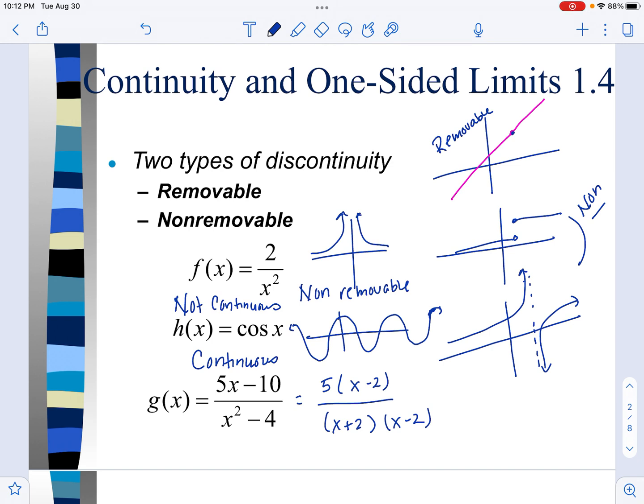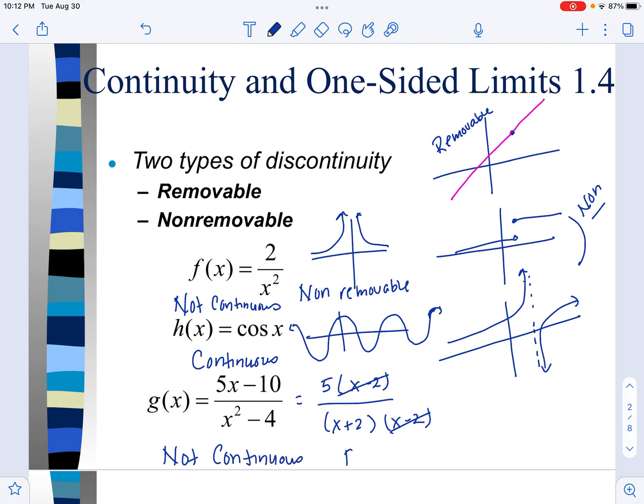If we were finding a limit here, the limit as x goes to 2, we can't do direct substitution because we get 0 in the denominator. But what we did before is we canceled. We removed that discontinuity to be able to find a limit. So when you can cancel them, it is a removable discontinuity. Now, what we would say here is this is not continuous.